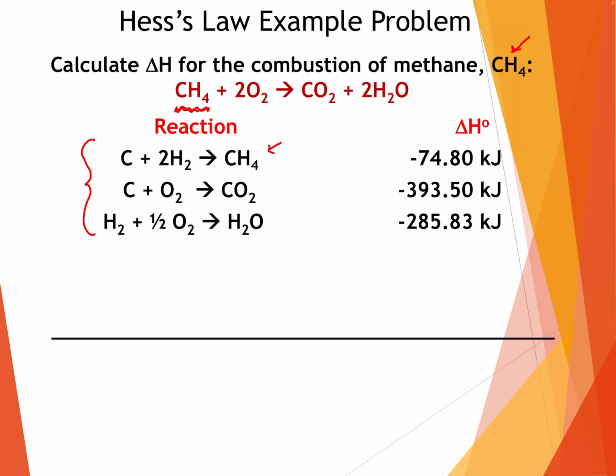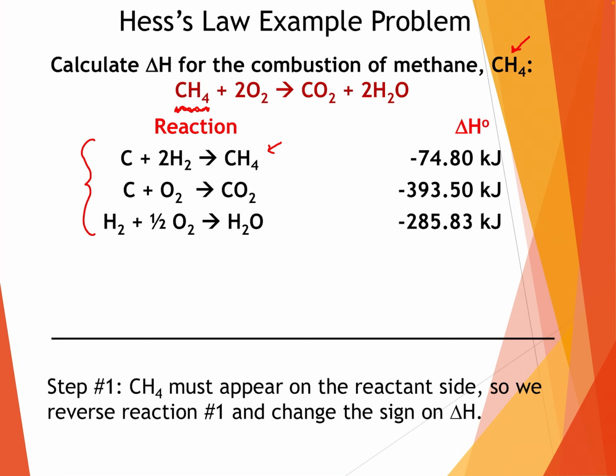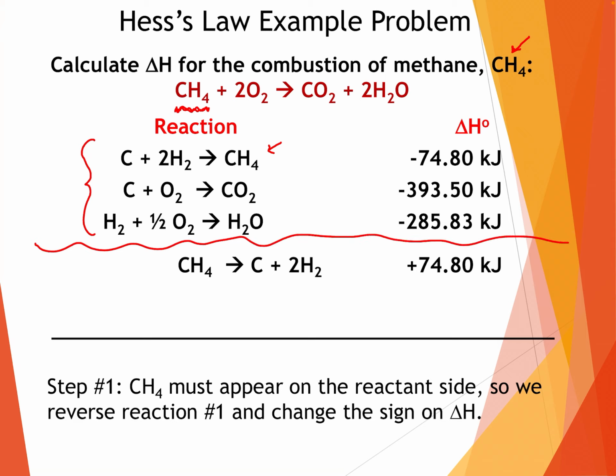So we're actually going to flip it. And when we flip that reaction, we flip the sign on our delta H value. So instead of being negative, it's positive. And I'm going to write everything I do to the reactions down here. So I've flipped that first reaction. Now the methane is on the reactant side, just like in the overall reaction. And when I flipped the reaction, I flipped the sign.